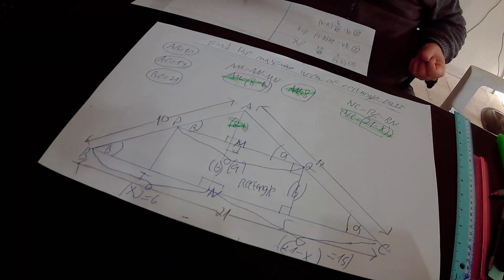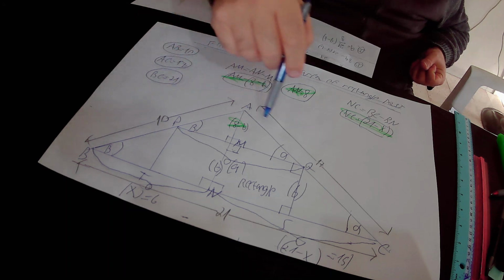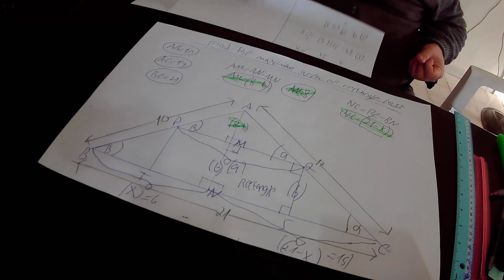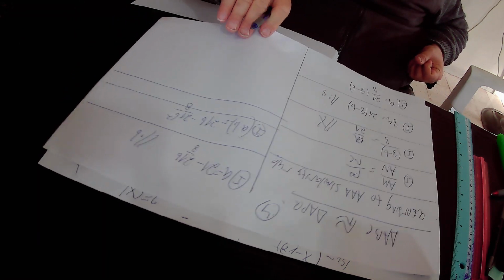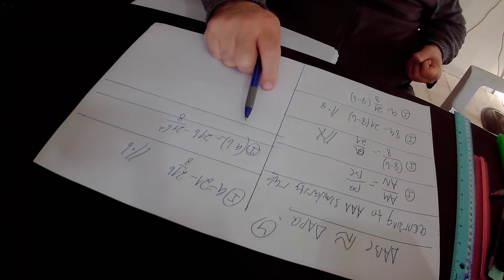And our mission is to find the maximum area of this rectangle PQST. Or in other words, our mission is to find the maximum value of the dependent variable A times B, that is the area of rectangle PQST.